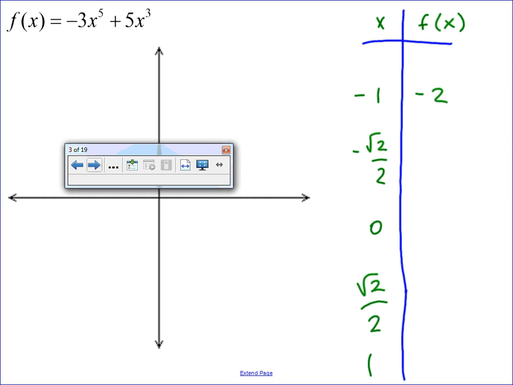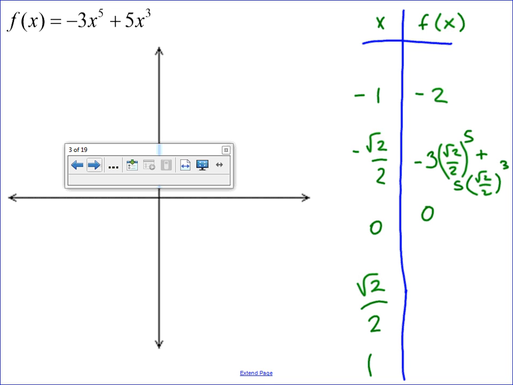Oh, do we have to? I'm going to leave it in there. I'm just going to get a decimal approximation on my home screen. So what do we need? We need -3 root 2 over 2 to the 5th plus 5 root 2 over 2 cubed. We'll get a decimal approximation for that. 0, I got it.